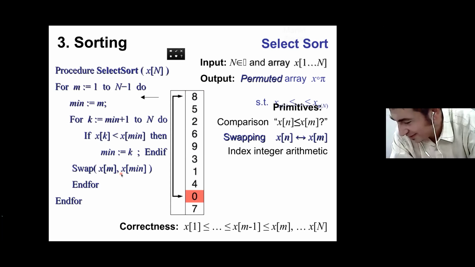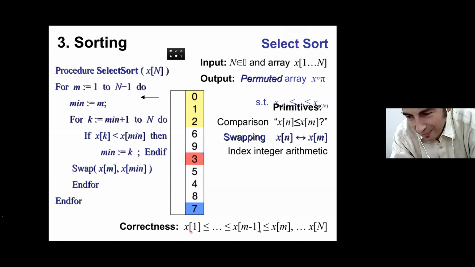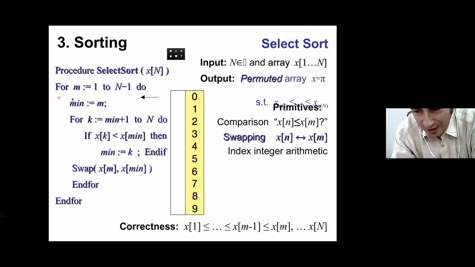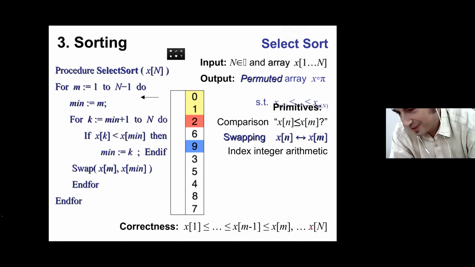So now again, why is this correct? It's not difficult to see that this is correct, because the first m minus 1 elements are increasingly ordered in the beginning, and at the end, the first m elements are increasingly ordered, and the rest is in some order.